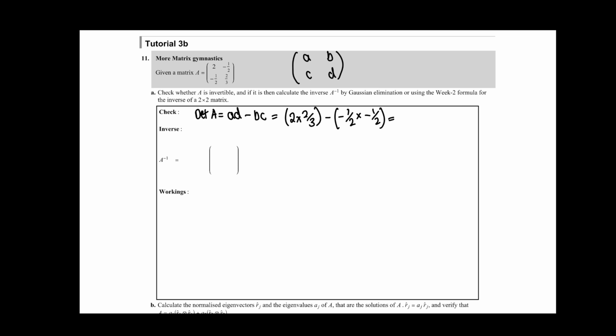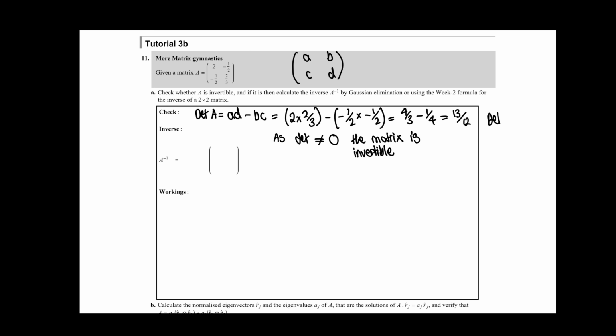This gives us 4 over 3 minus a quarter, which is 13 over 12. As the determinant is not equal to 0, the matrix is invertible.